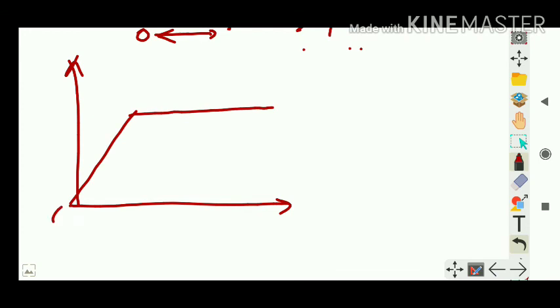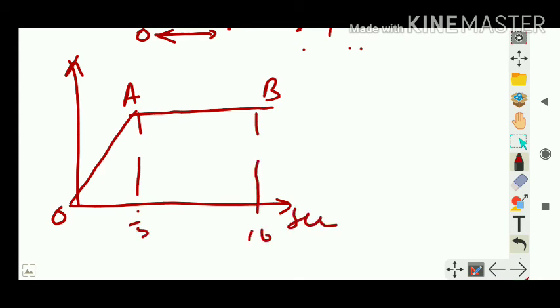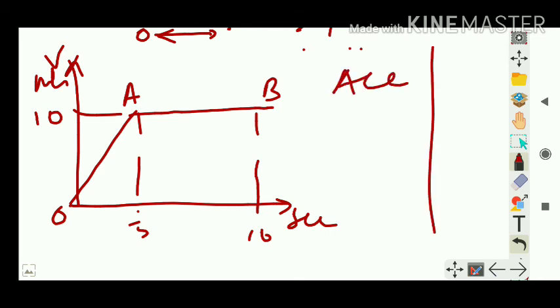This is O, this is A, and this is B. Say this is 5, 10. This is time in seconds. This is velocity in meter per second. Clear? And this is at 10. You are asked what is the acceleration and what is the total displacement covered by an object if it has a velocity time graph like this.